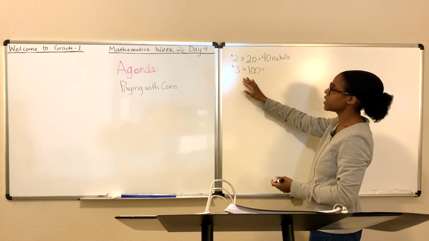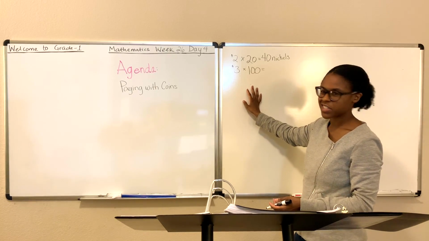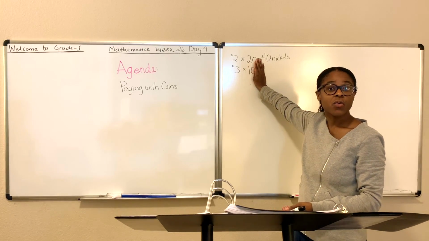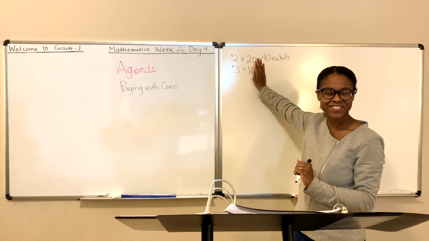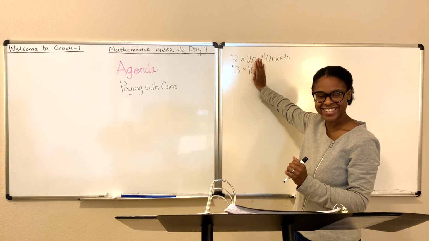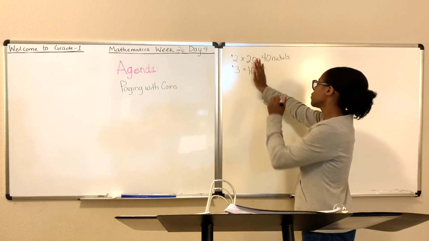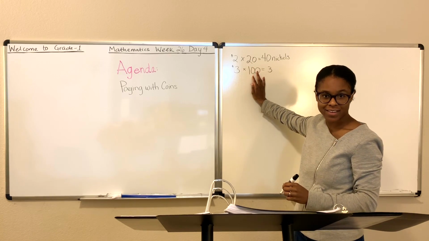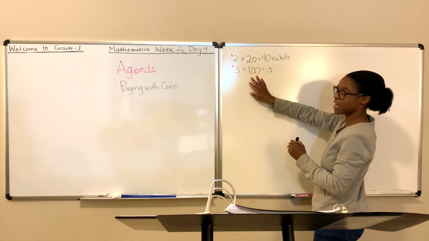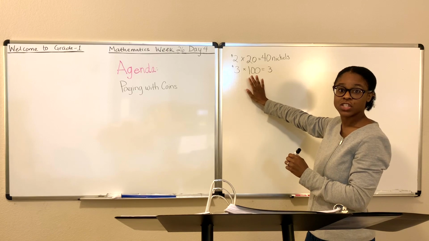Okay, so how do we multiply this? This may look big, but it's no big deal. Remember, we cover the zeros and we just multiply 3 times 1. What's 3 times 1? You know this. That's just 3. That's right. And after we do 3 times 1, then we just go back in and add our zeros. How many zeros are we going to add? 2.